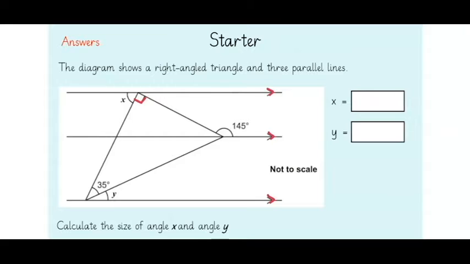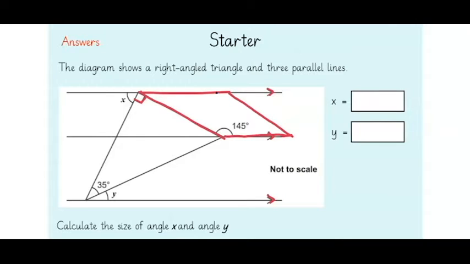Now, watch carefully as to what I'm going to do now. I'm going to draw what I hope will look like a parallelogram. So there's a parallelogram there. What I hope you remember from the lessons a couple of weeks ago is that opposite angles in a parallelogram are the same.